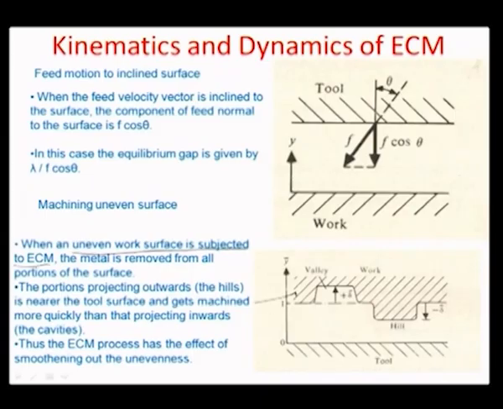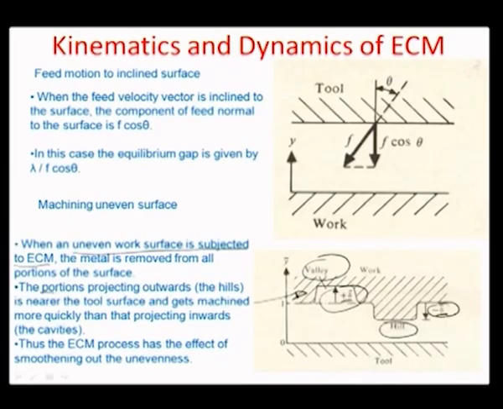The work surface is shown here. So there are certain valleys in the work surface, there are certain hills, and these hills and valleys are all separated by delta dash, whether in the positive or the negative direction. So these are the average defects which are there on the surface, which eventually the ECM process should level to a certain mean value.